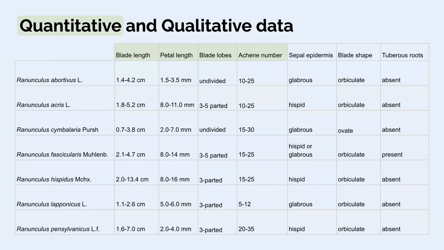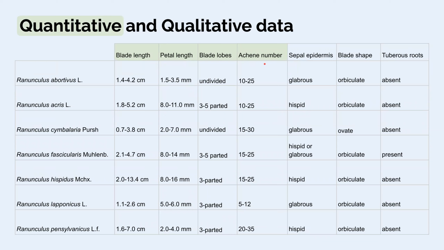Quantitative, again, is something you can count or measure, and that's usually how we treat these. Going back to the group we were looking at a while ago, the buttercups, genus Ranunculus, here are some examples of features that are quantitative versus qualitative. I have this green color for our quantitative measurements, sizes of things, so blade length, petal length, numbers. Can you count it?